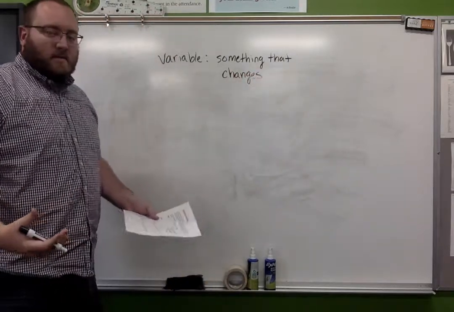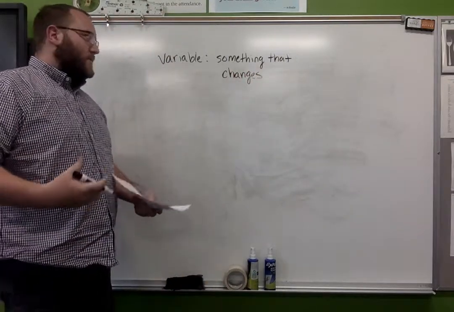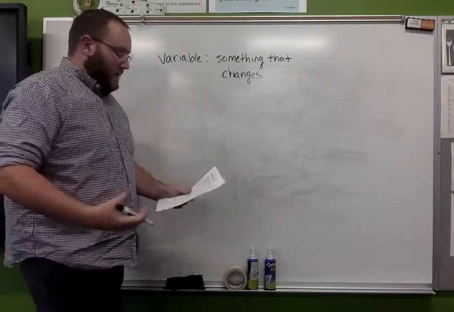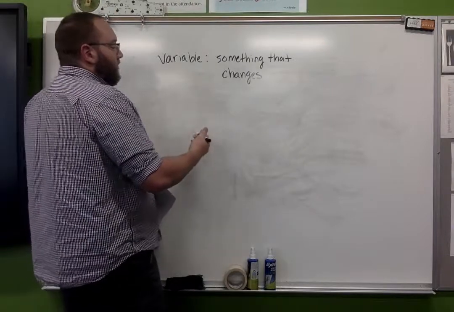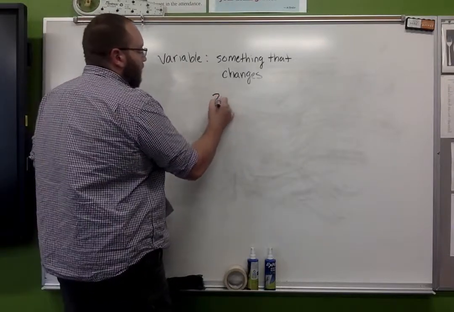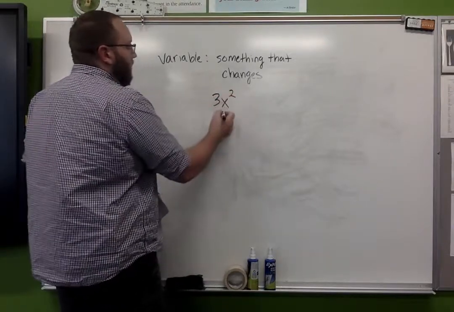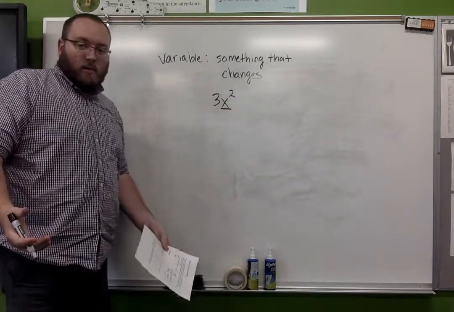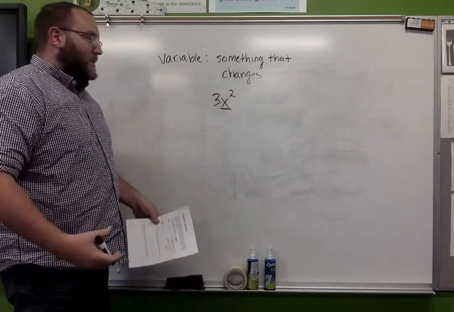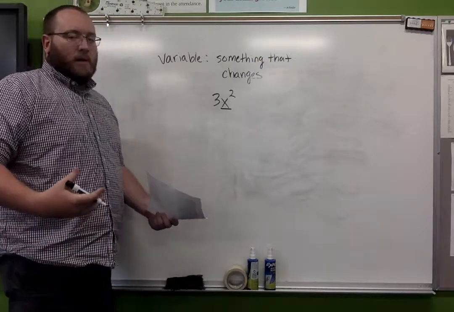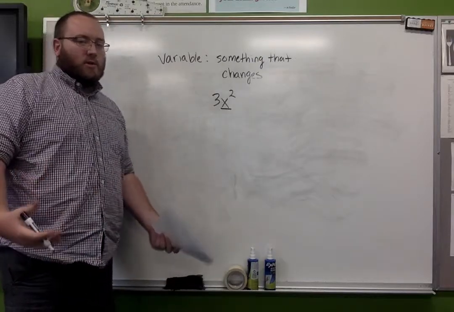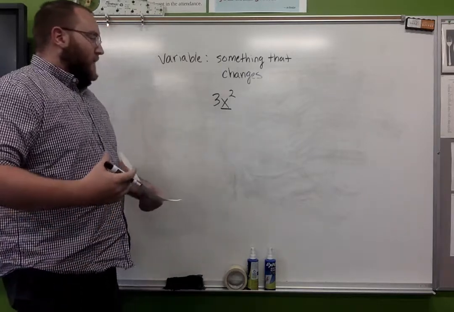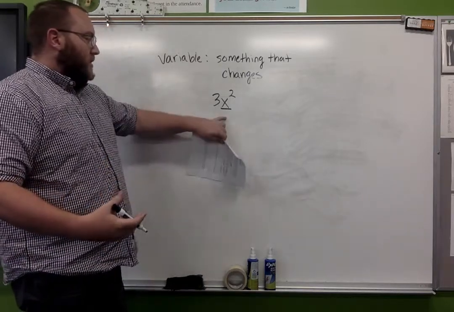In our instance, the thing that changes is the number, right? Usually in math, the variable is a letter. So like 3x squared, the x is our variable. We don't know what number goes there. Essentially, it's a placeholder saying we can put whatever number we want there. We just don't know which one is there currently. So it's a placeholder. It's saying that a constantly changing number is there.